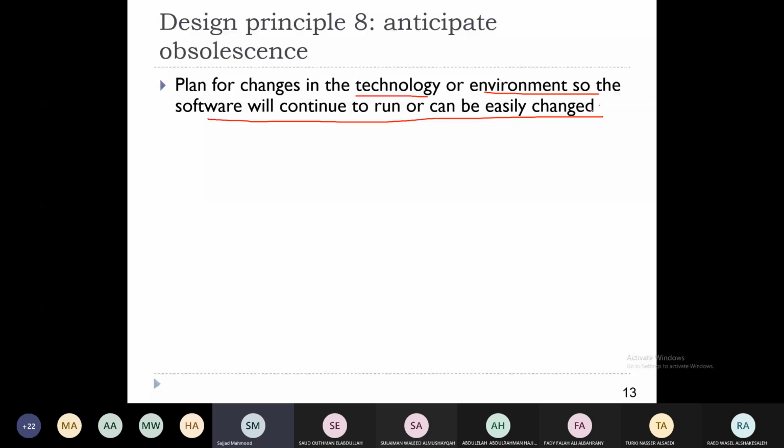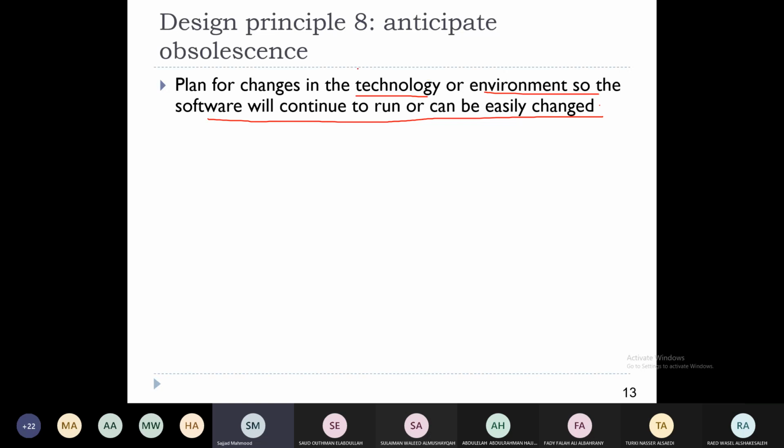You might have seen that in this phase of the project, you have to look at the technology and comment on what kind of technology you're going to use for such a system, and what kind of hardware you will need. This is all part of your design decisions, because with the technologies you are using, you first have to select the most appropriate one, which will come as the next principle anyway. But you have to think about the fact that these technologies can become outdated.